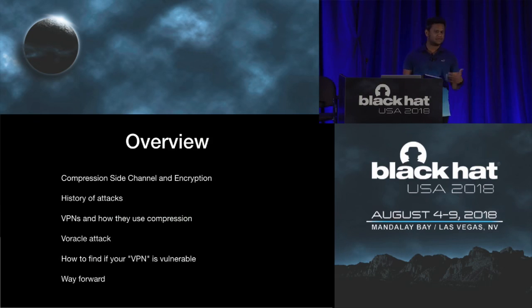The end goal today is that I'm going to take a VPN and leak secrets from it. It's a generic attack, but I'm going to show a specific demo on a very specific VPN called OpenVPN, which some of you might have heard of, which is used popularly. And obviously, I will also say what's the way forward, how to defend, things like that.